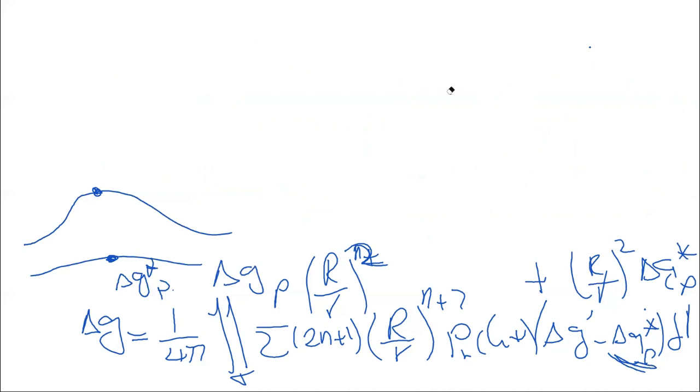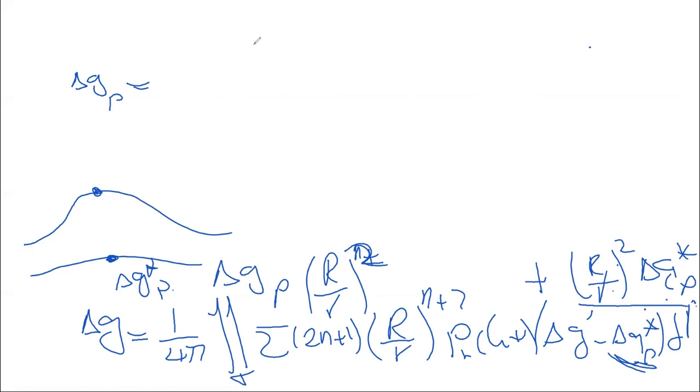Therefore I would write that delta GP at the surface will be... when you multiply this to delta G, it is almost the upward continued gravity.